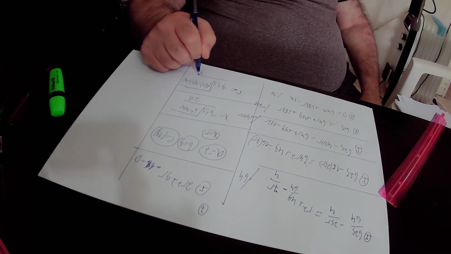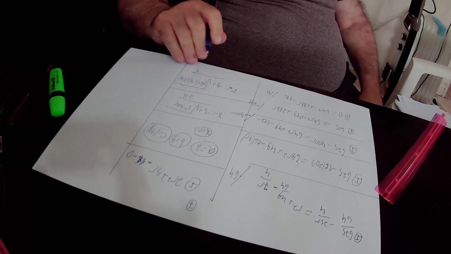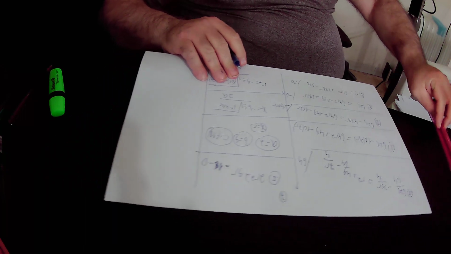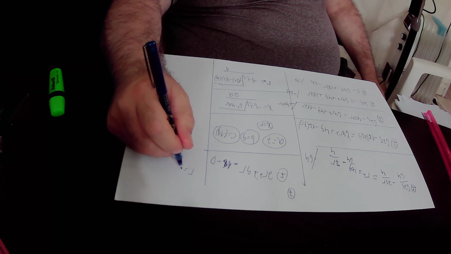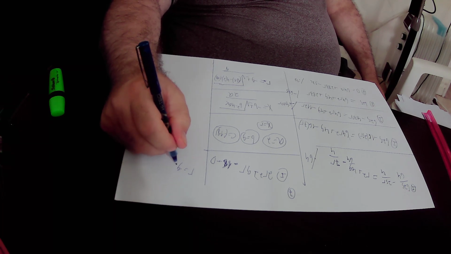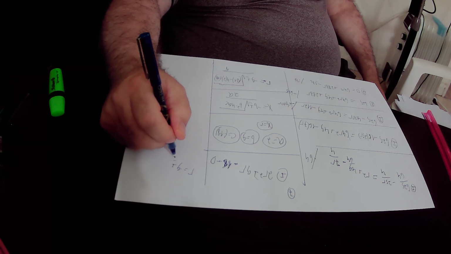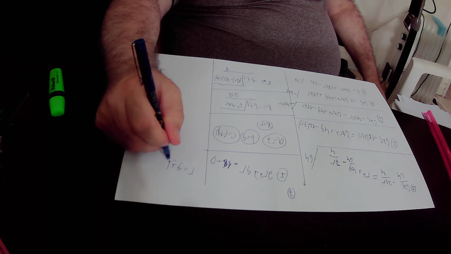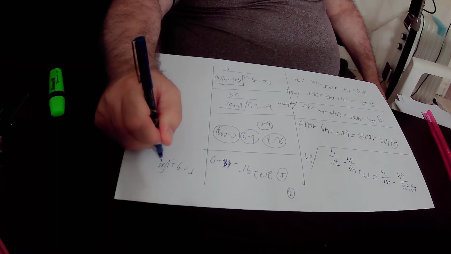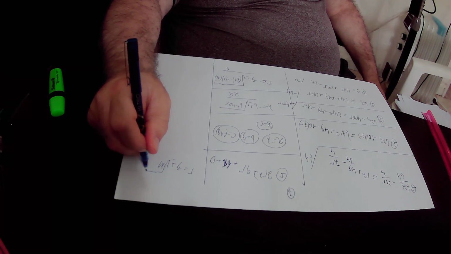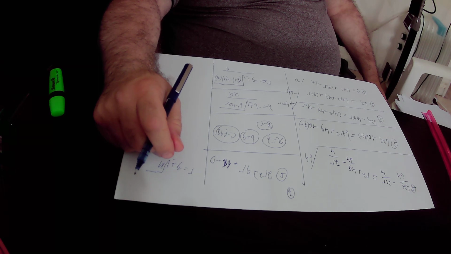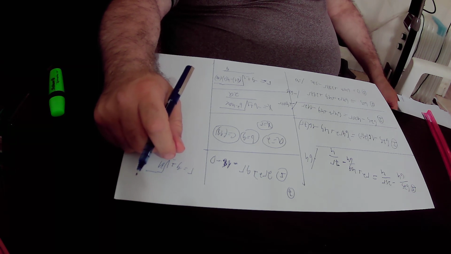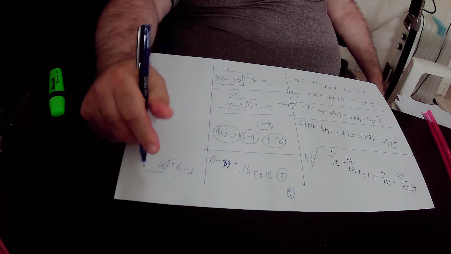So we found that R equals minus 9 plus minus the square root of 81, and here we have minus 4 times 2 is minus 8, and minus 8 times minus 18 is plus 144.